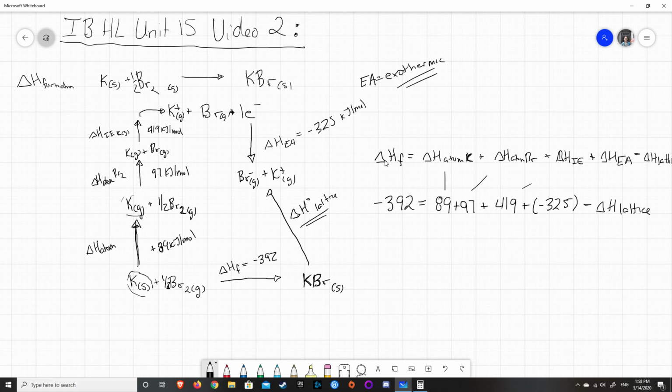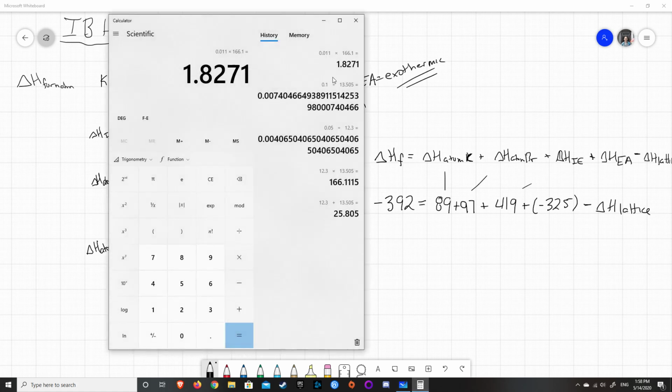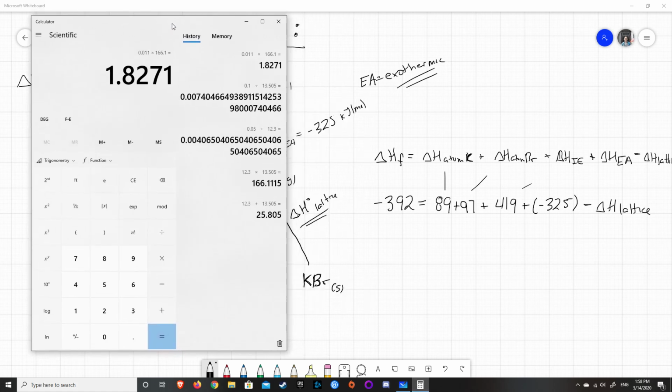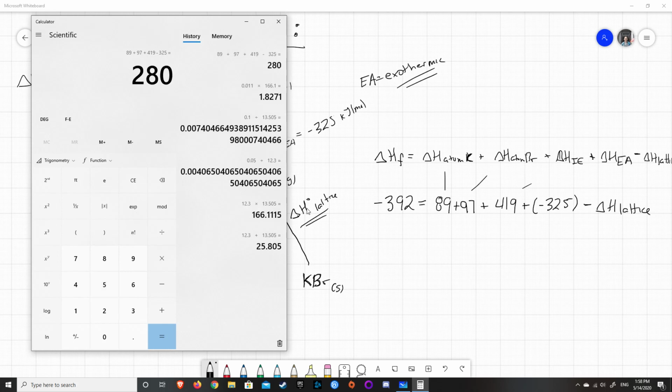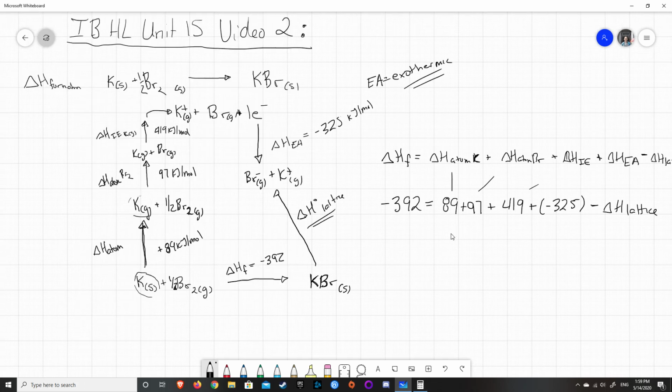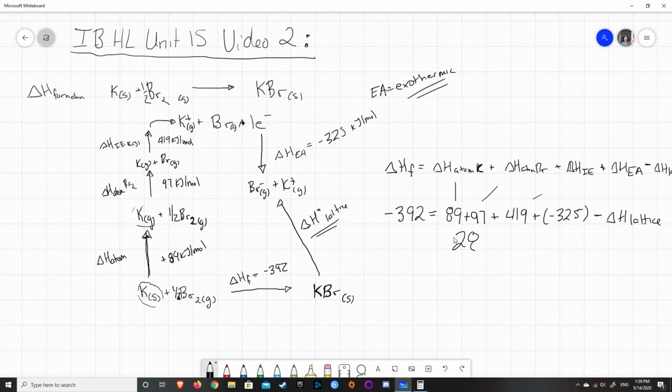And then we just need to solve this. So let me get my calculator open right here. We've got 89 plus 97 plus 419 minus 325, so here we've got 280 minus delta H of lattice enthalpy, and here we've got negative 392.